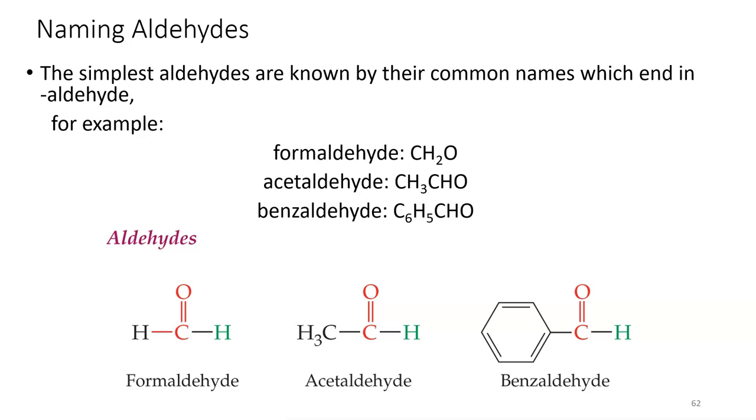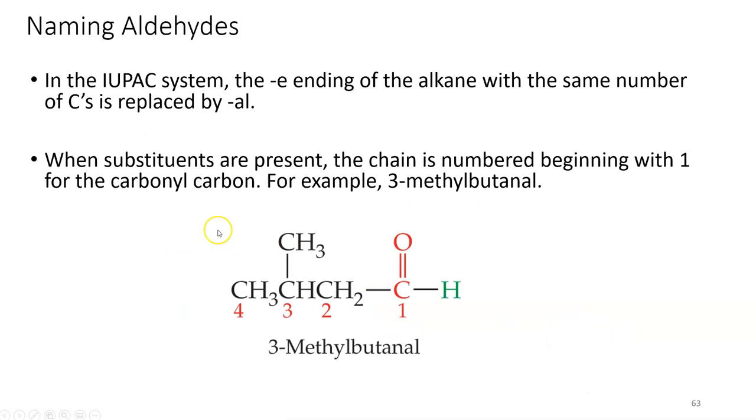We also have a way to name these using the IUPAC system. Here's an example of still finding the longest chain, but we're always starting that chain number on the carbonyl carbon. So here we would number from right to left, 1, 2, 3, and 4. So that's going to be our base, the but base. And we're going to say the 3-methyl, here on the 3rd carbon is a methyl group, butanal ending.